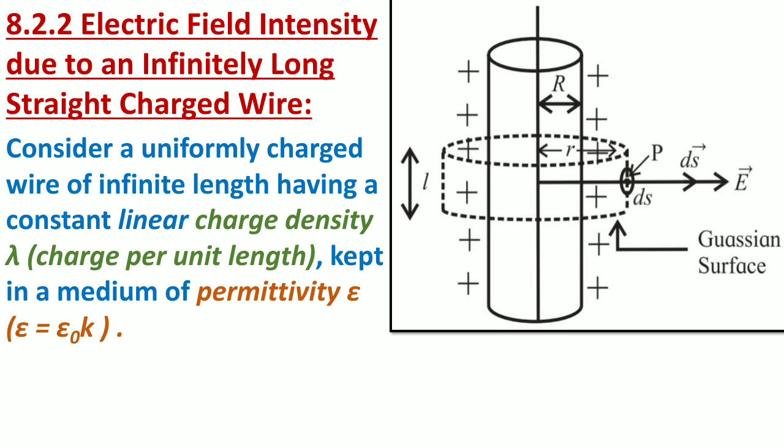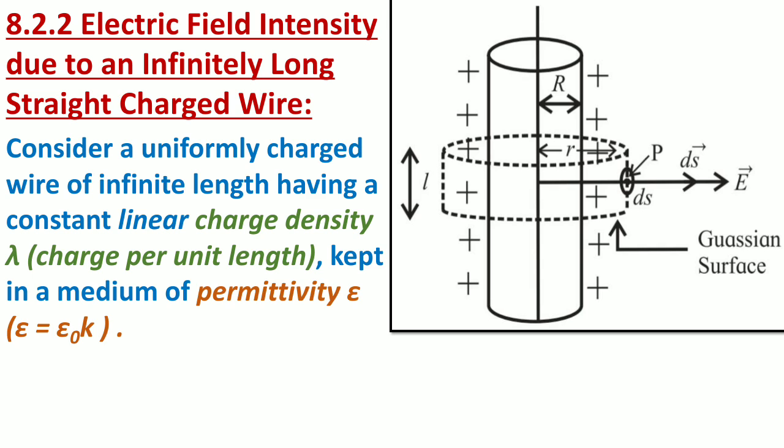So here it is a cylindrical uniformly charged wire of infinite length. So here we will have a linear charge density. And what is linear charge density? That is charge per unit length, kept in a medium of permittivity epsilon. And as we know that epsilon is equal to epsilon naught k, where small k is the dielectric constant and epsilon naught is the permittivity in free space.